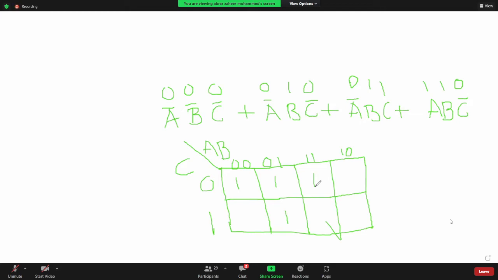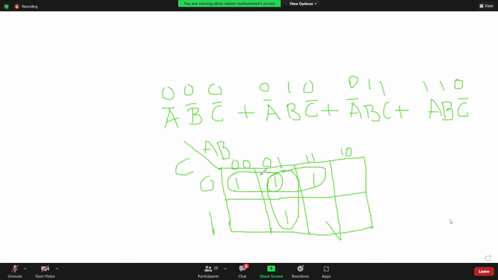How will we group the ones? So we can make the group of these two adjacent ones. Then we can make the group of these two ones. And the left one, then this. So this is known as the overlapping.